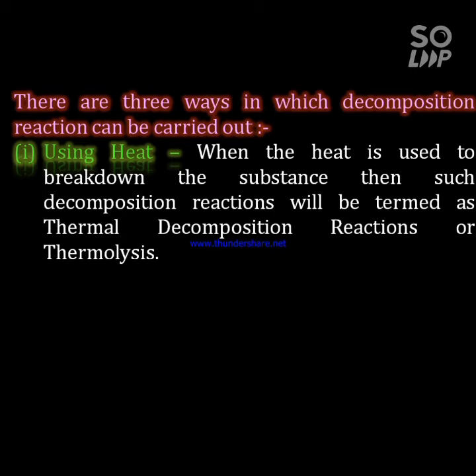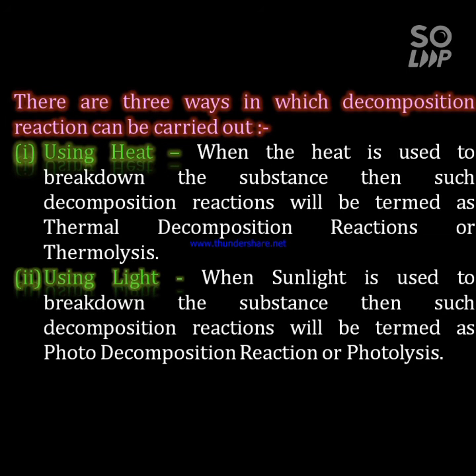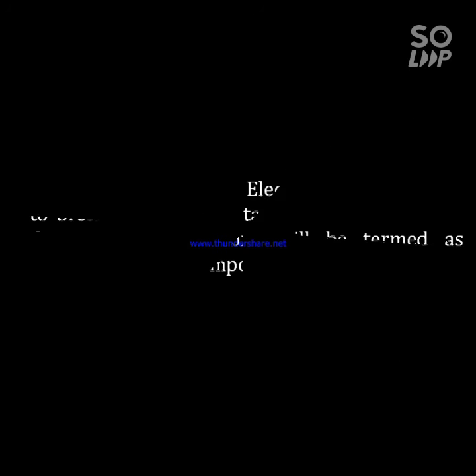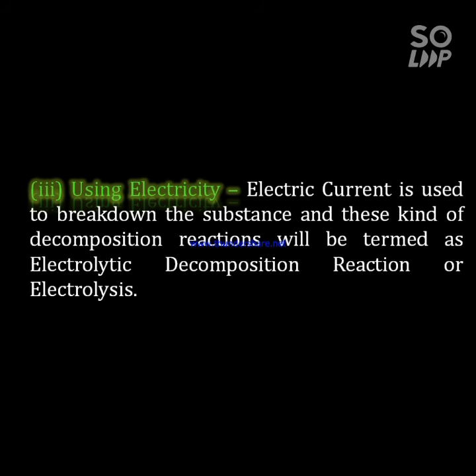What happens when we use sunlight or any other light source to break down any compound? That process will simply be called photolysis or photodecomposition reaction. Third type of decomposition reaction, when we use electricity to break down something, will be termed as electrolysis or electrolytic decomposition reaction.